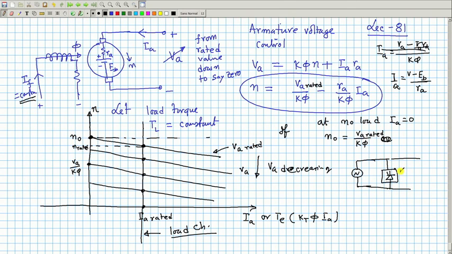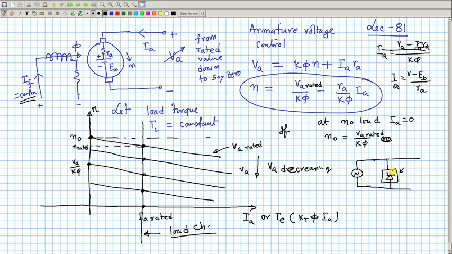It is an SCR based, say, converter, AC to DC converter, and then that voltage you apply to the armature, very nice. Or maybe AC first make it DC, then use some chopper circuit, buck converter, to vary the voltage at ease. Nowadays, it is so simple.